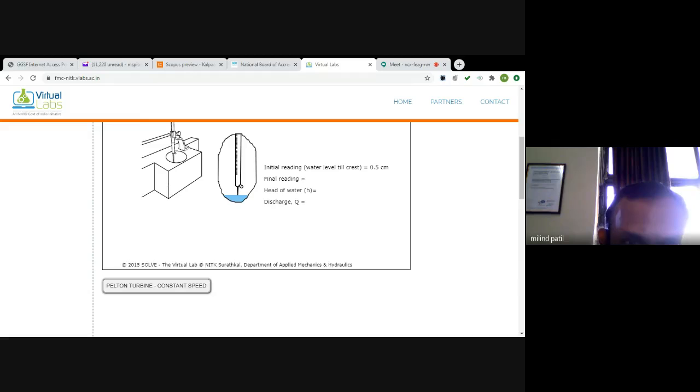Just adjust the height level of water. So the discharge is now, you can calculate the discharge. H is now, the remaining will remain the same. H is now 8.6.